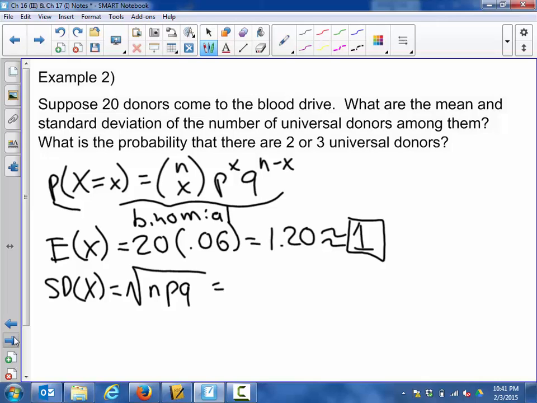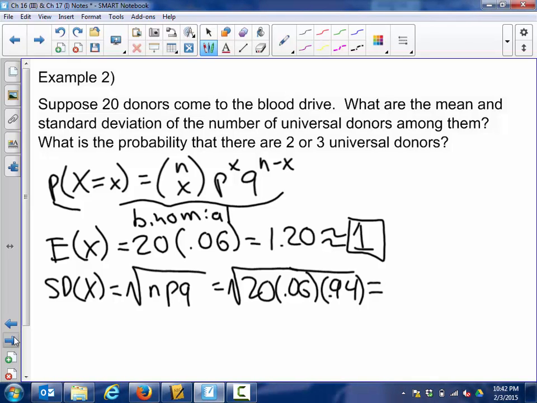Let's find the standard deviation next. The standard deviation of x here is equal to the square root of npq, which is the square root of 20 times 6% likelihood, 94% likelihood of failure.